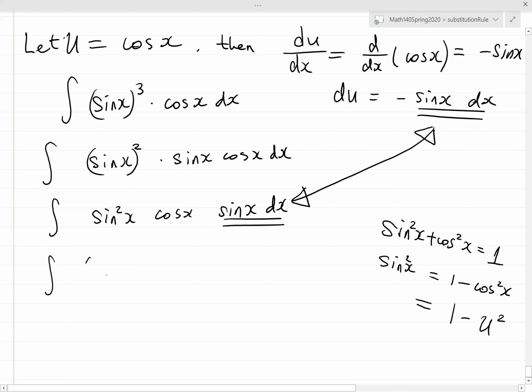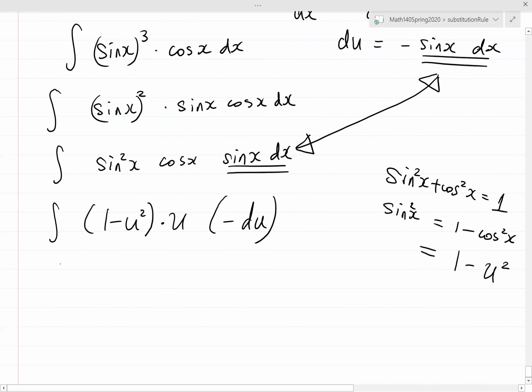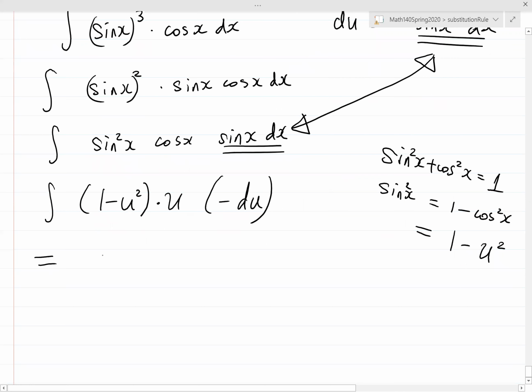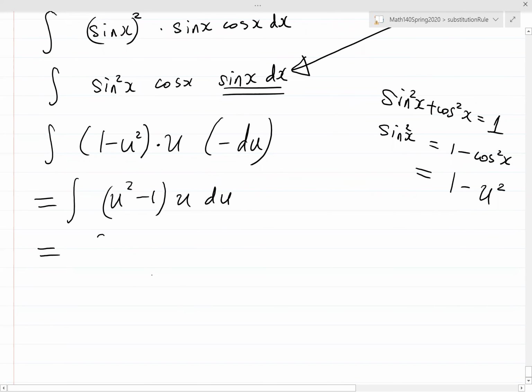Now sine x dx by our substitution is negative du. If you multiply by negative 1, you get u squared minus 1 times u du, so you get u cubed minus u du.